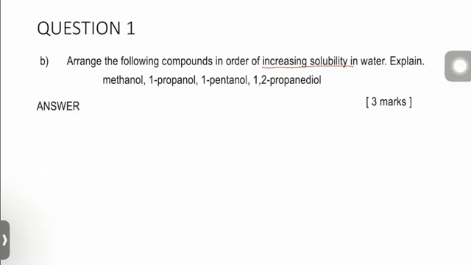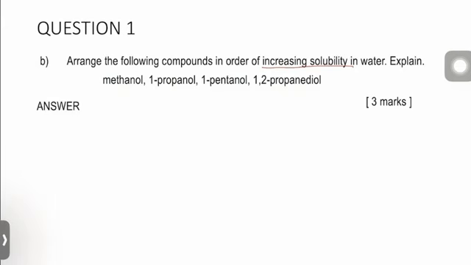The compounds given are methanol, 1-propanol, 1-pentanol, and 1,2-propanediol. All 4 compounds are alcohols, which means they all have the hydroxyl group, a functional group that contains O and H. This hydroxyl group can form intermolecular hydrogen bonding with water molecules. So relatively, all these compounds are able to dissolve in water.